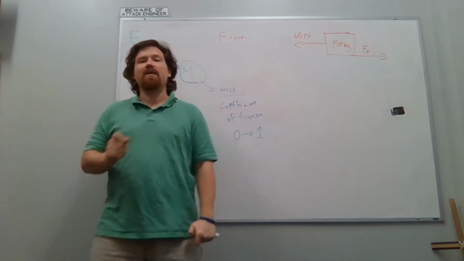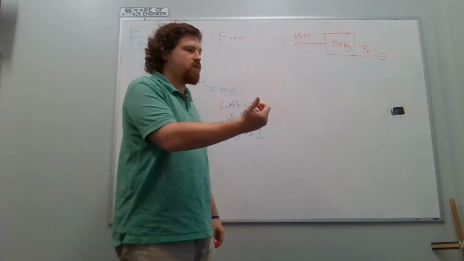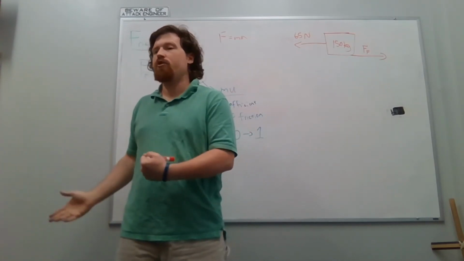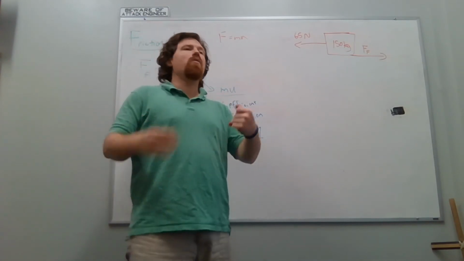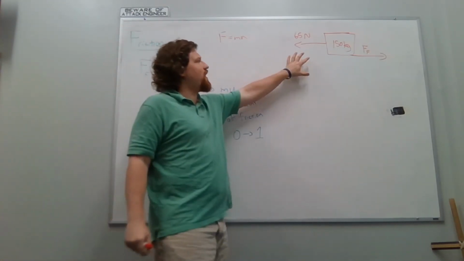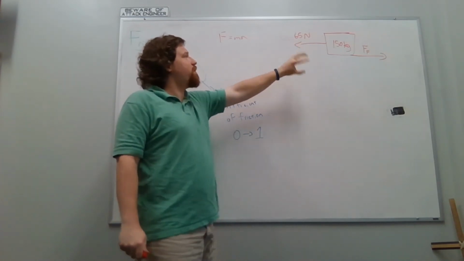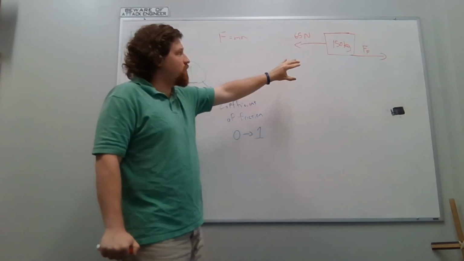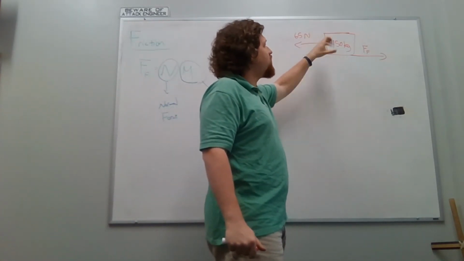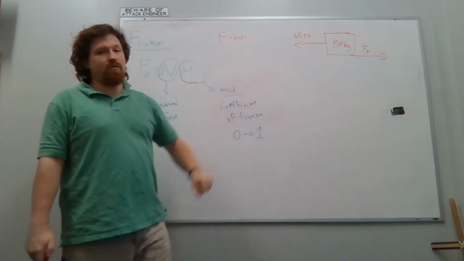If you're moving at constant velocity, you have to exert a force forwards equal but in the opposite direction as the friction pushing you backwards. If the two forces are not balanced, you'll begin to accelerate. But as long as they are balanced, they will add up to 0. If the force equals 0, the acceleration equals 0.